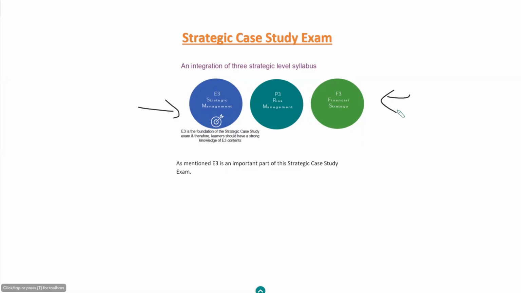All of that is present in your E3 module, and that is why it's one of the most important for your strategic case study exam. We're not saying that P3 and F3 are not important at all, but yes, E3 forms the base for your case study. So keep this in mind.